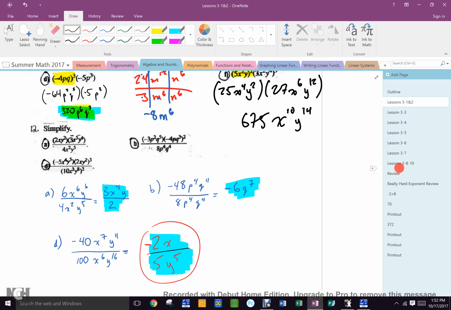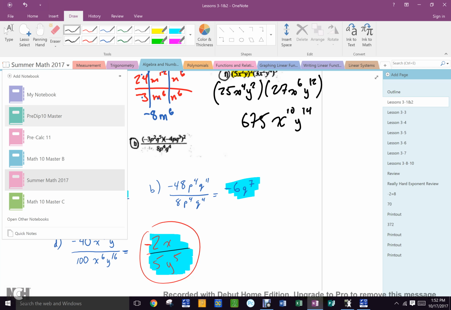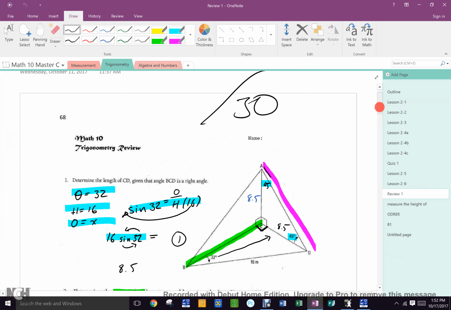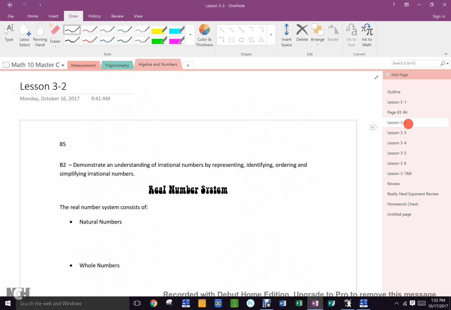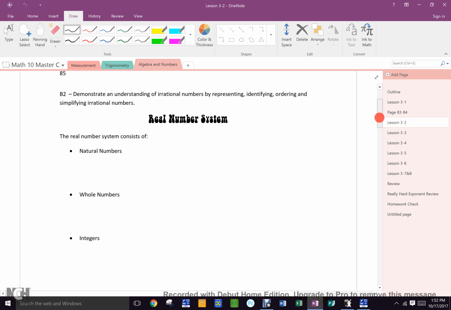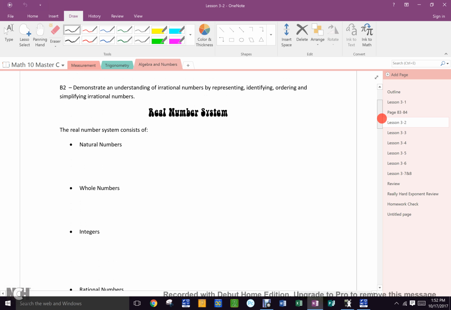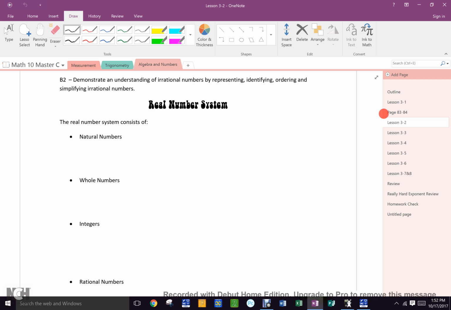Okay. So we are apparently done with exponents for now. Please turn your page over to 85. Now, the title of this page, Real Number System.